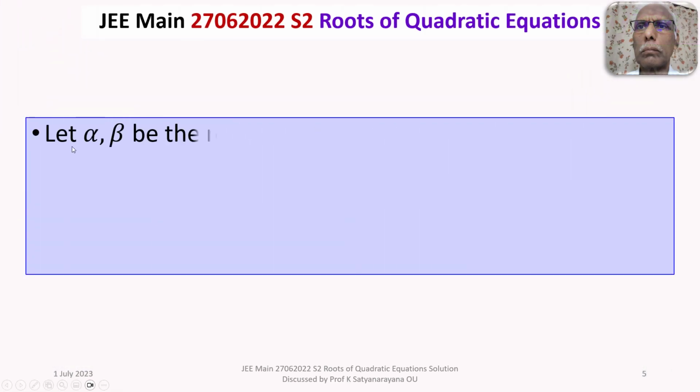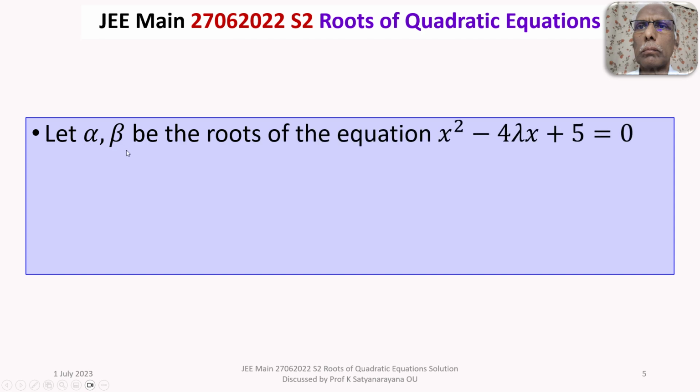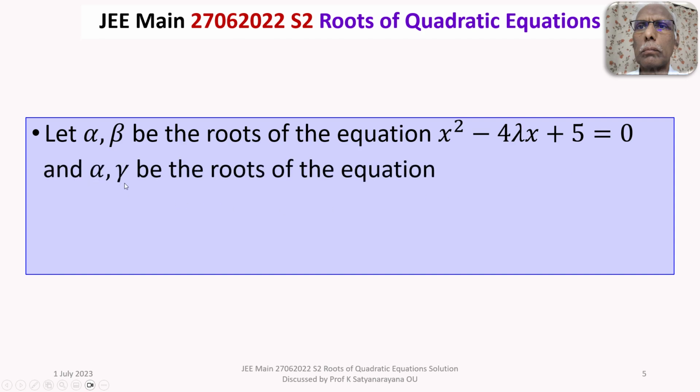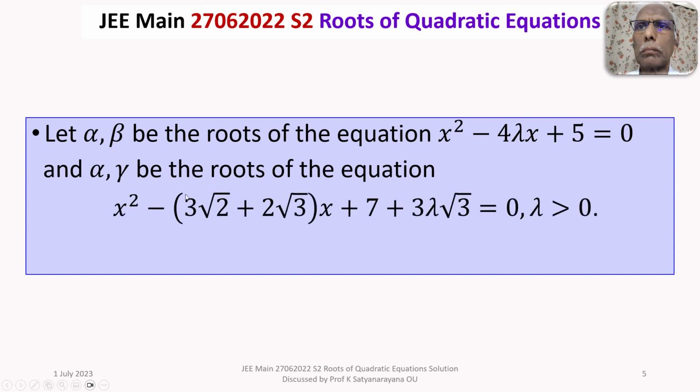The given question is: let alpha, beta be the roots of the equation x square minus 4 lambda x plus 5 equals 0, and alpha, gamma be the roots of the equation x square minus (3 root 2 plus 2 root 3) x plus 7 plus 3 lambda root 3 equals 0, where lambda is greater than 0.